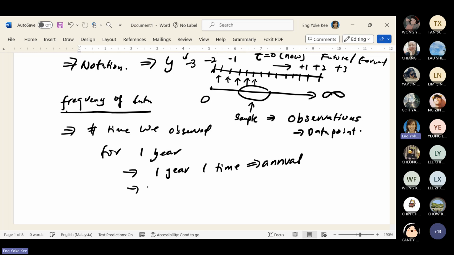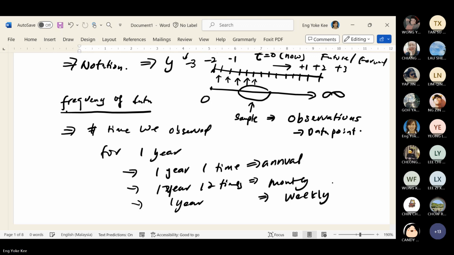If one year has 12 observations, it is monthly data. Weekly data: how many weeks do we see in one year? 50, 52, 55, 54? 52.